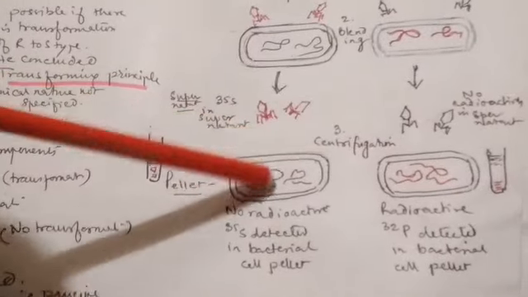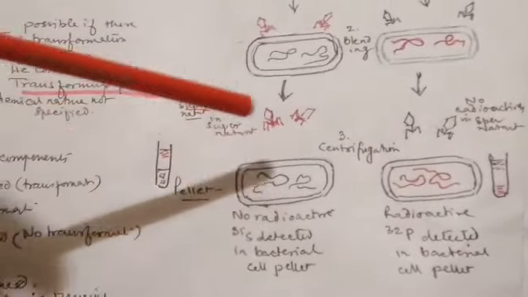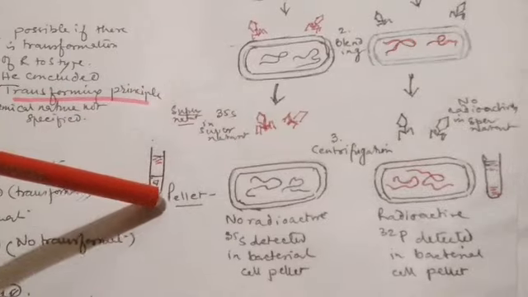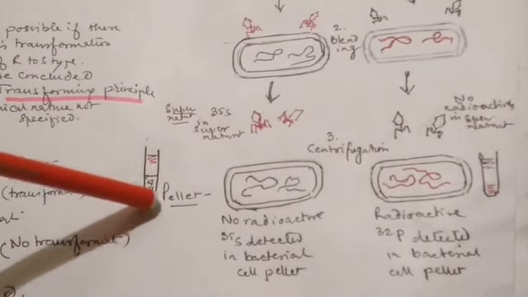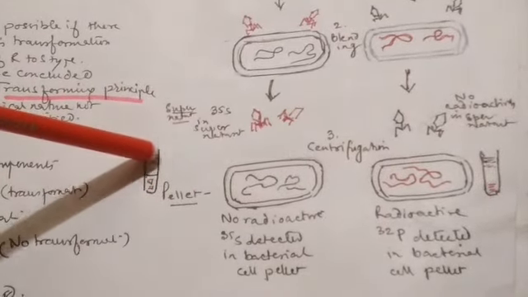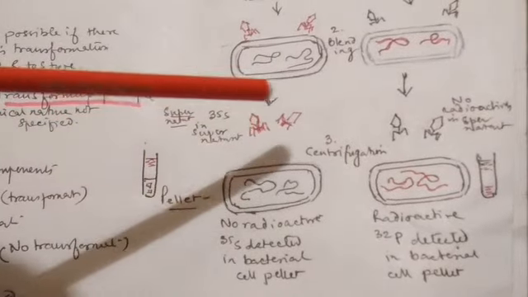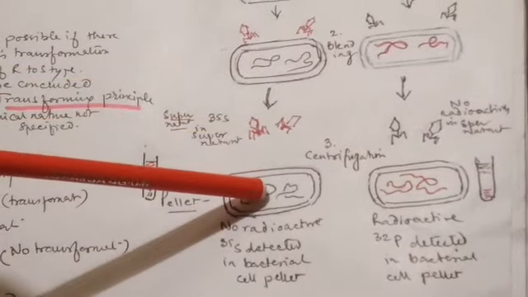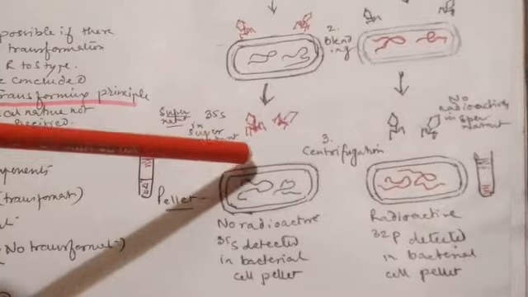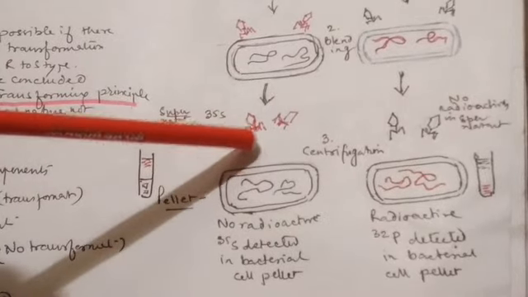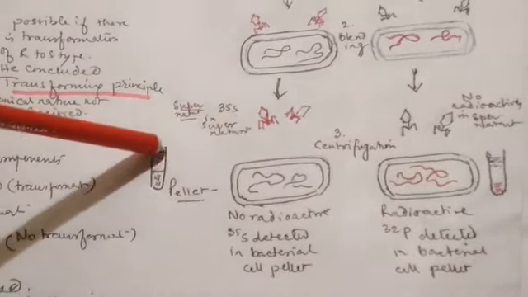Due to centrifugation, the heavier part goes to the bottom as the pellet, and the lighter part remains in the supernatant. Obviously the bacterial cell is heavier than the virus, so the bacterial cells will be in the pellet and the part outside the bacteria will remain in the supernatant.